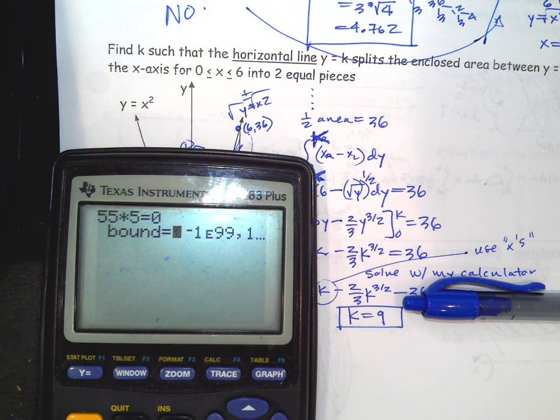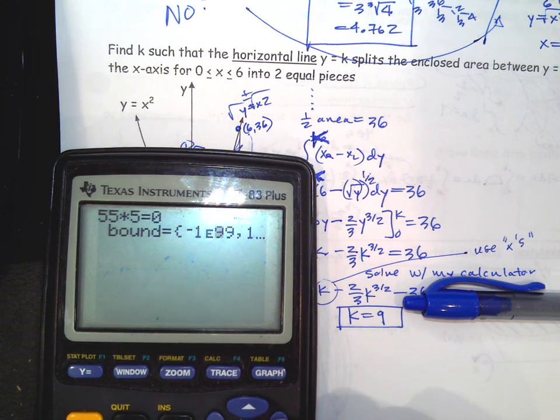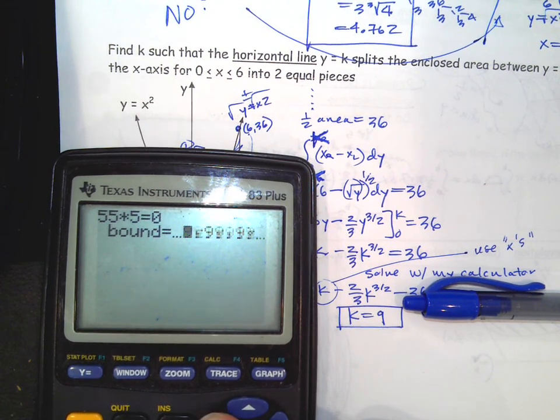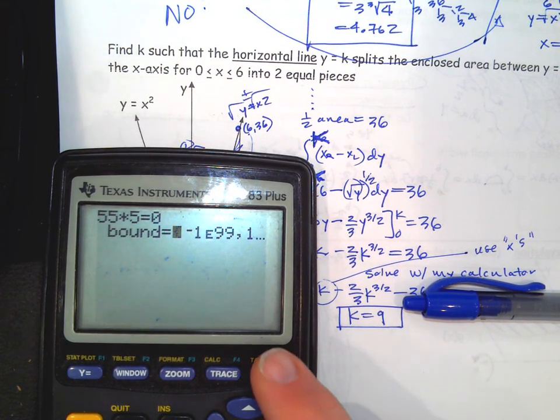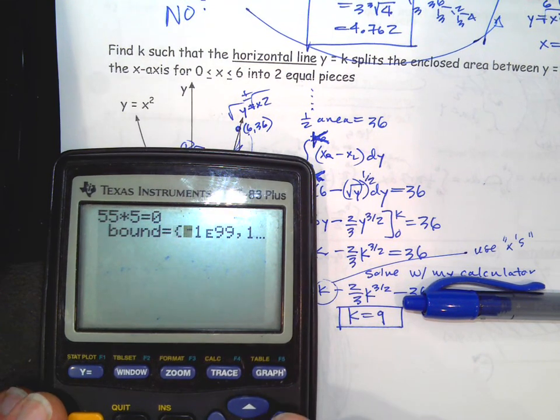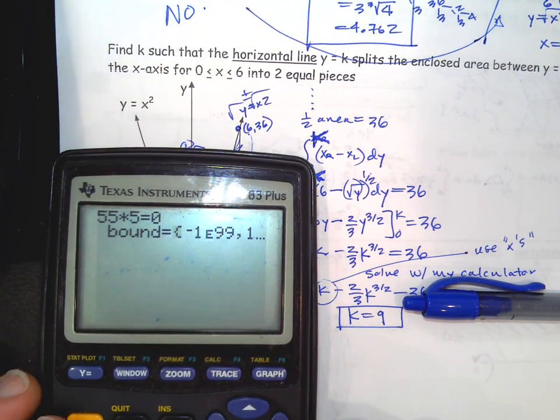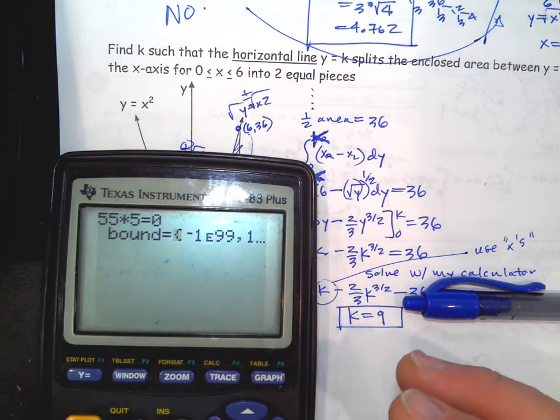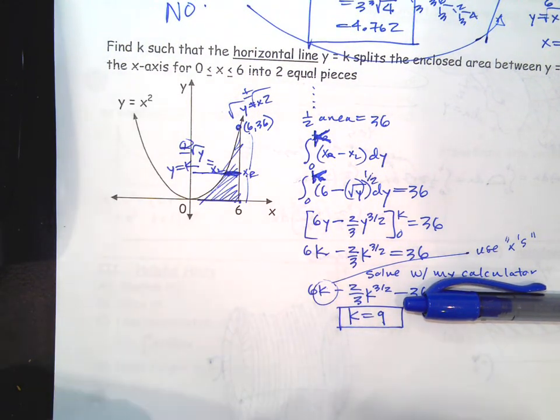But you have to have the equation in your Y menu, and then this tells you where you're looking for the solution, which is essentially the smallest number to the biggest number allowed in this calculator. And then you hit enter, or I don't even know. I might have messed this up. Anyways, I would tell you not to use it. So just use the graphing technique.